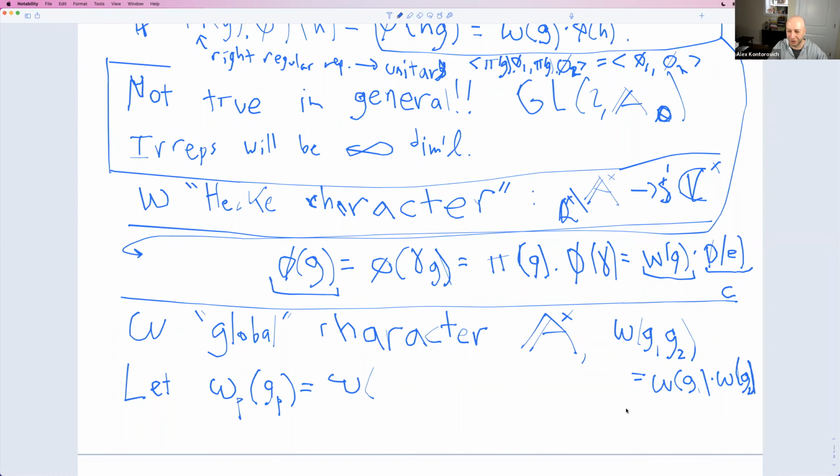So remember, what's g? g is an idele, so it's g infinity, g2, g3, and then eventually dot dot dot. All of these are in Z_p cross, right? Exactly, and almost all of the g_p are in Z_p cross.